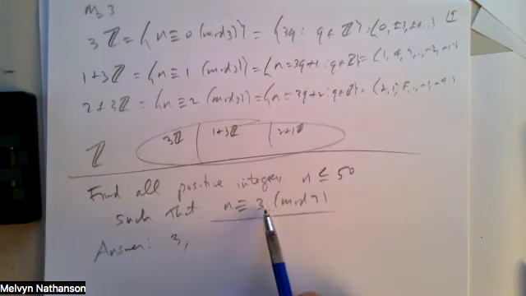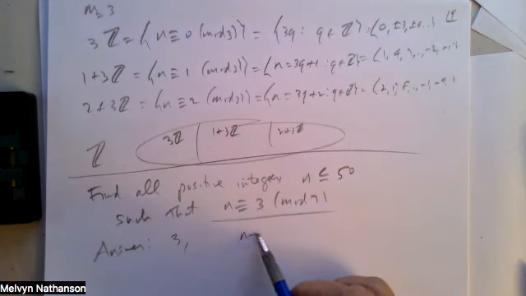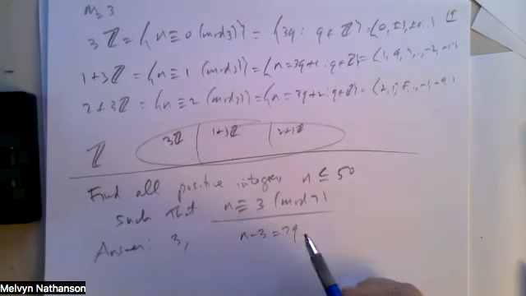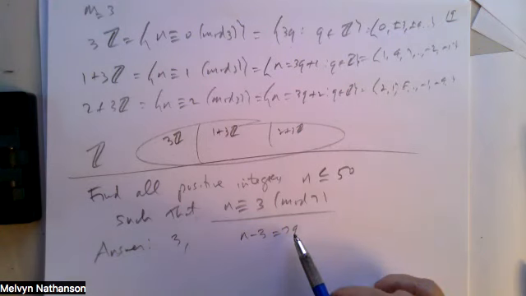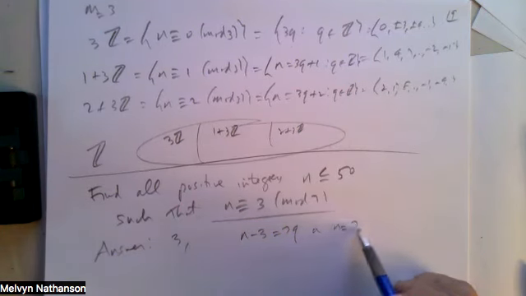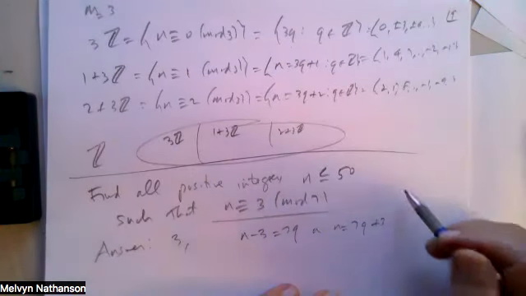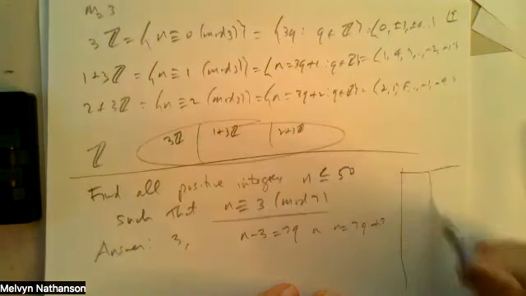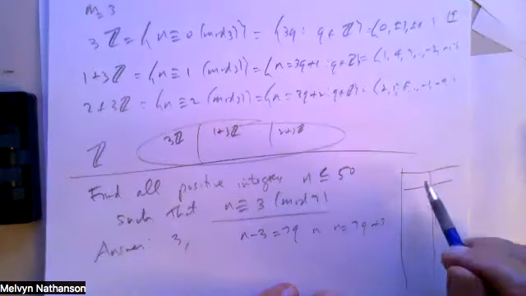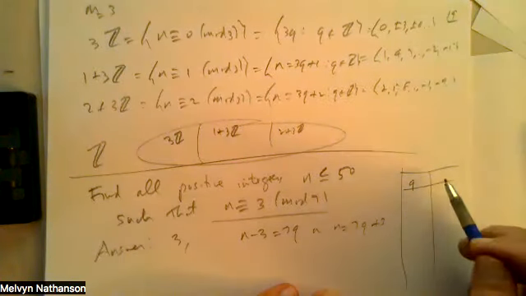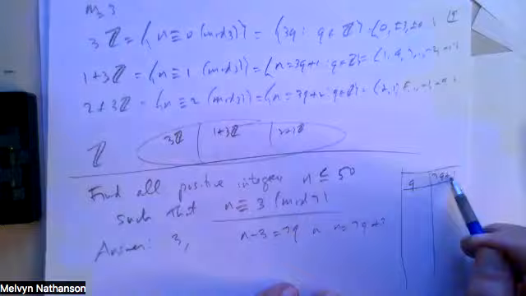But if a number is congruent to 3 mod 7, that means n minus 3 is 7 times q, or n is equal to 7q plus 3. So I can make a table for different values of q. Here I put 7q plus 3.